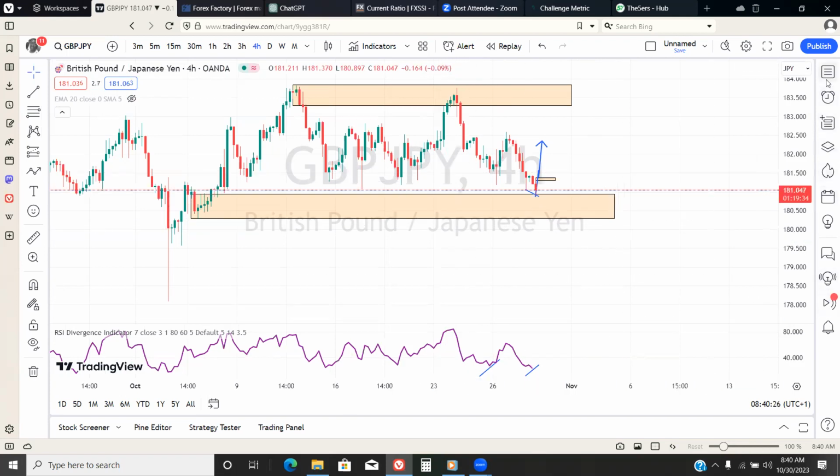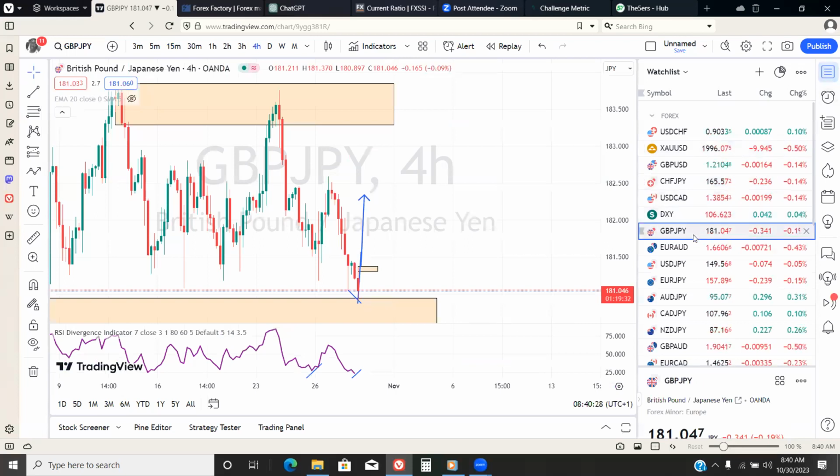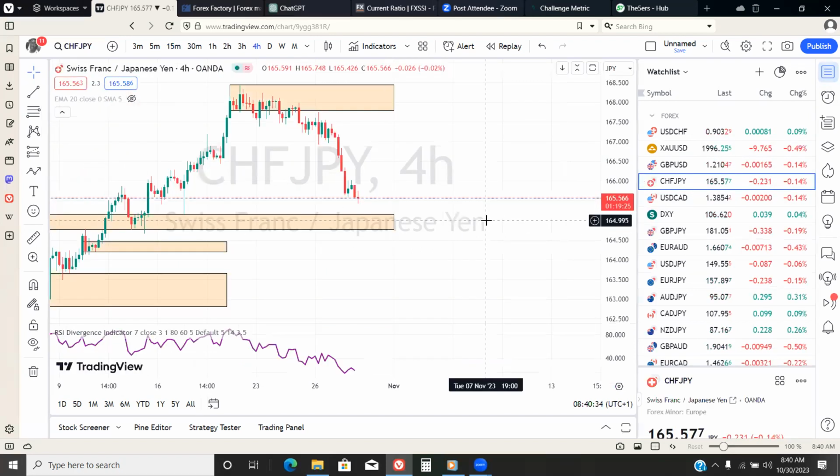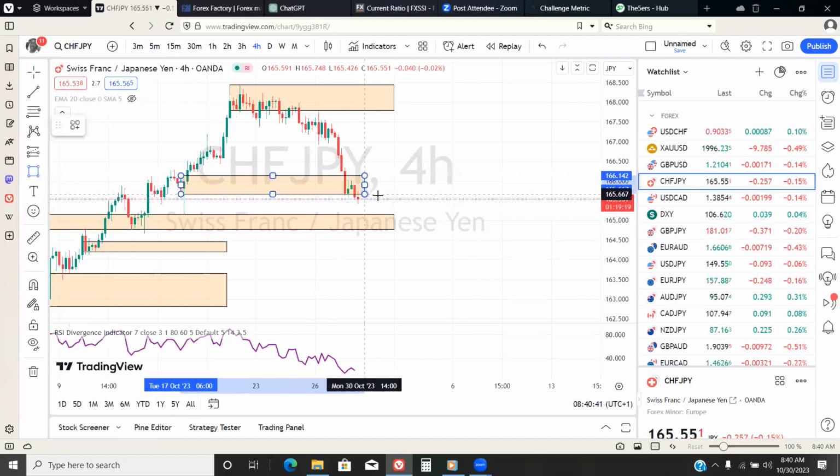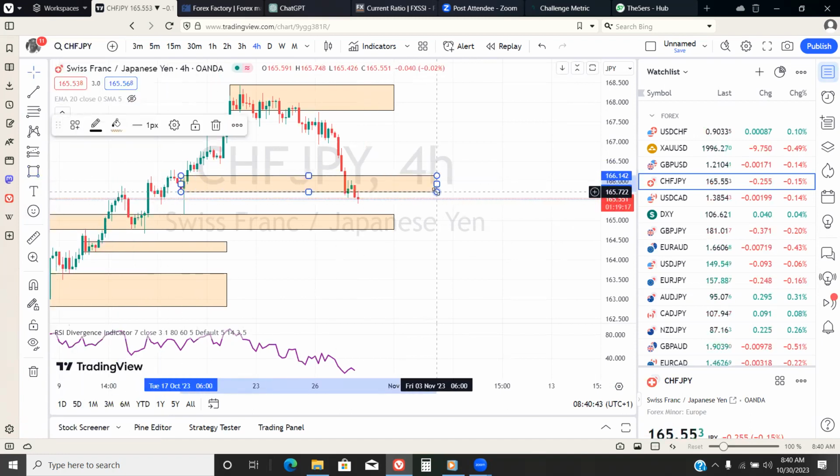So now let's go straight to Chef JPY also. On Chef JPY, I marked this market maker footprint and I spotted this market maker footprint also, which has been destroyed. They have destroyed that market maker footprint.